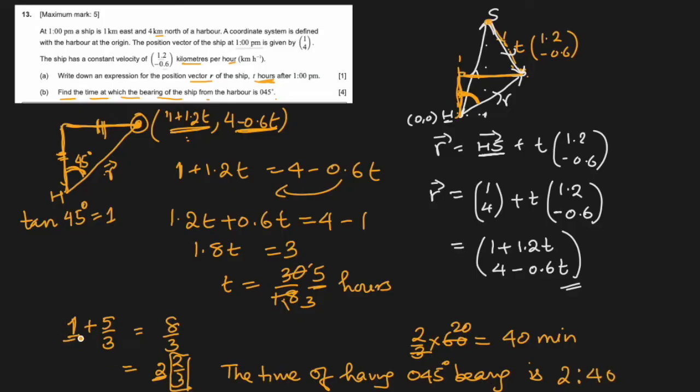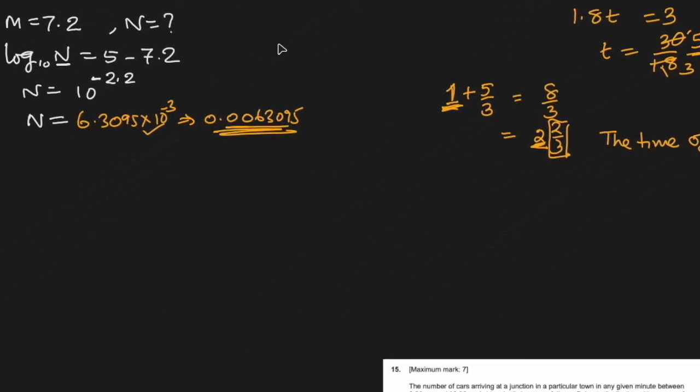It's not after 2 hours; 1 is part of it, I added it, so it became 2:40 p.m. That is the answer. After 1 hour 40 minutes, it will be at that position. Okay. Question number 14.